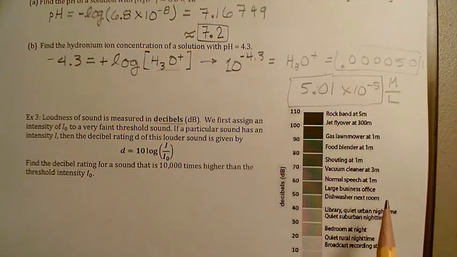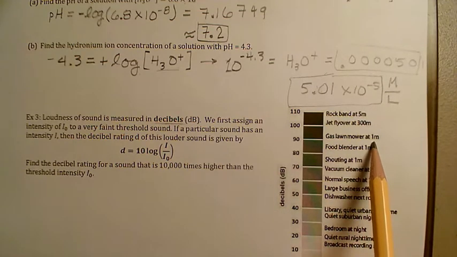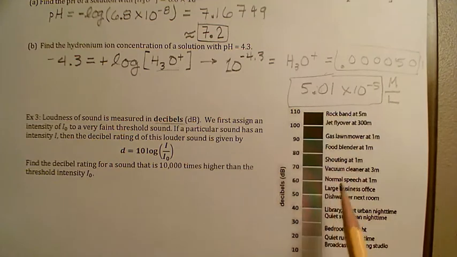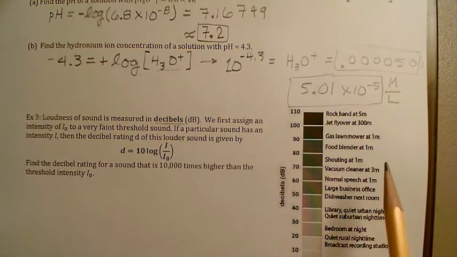Gas engine powered leaf blowers tend to be very loud. And so you can see, like, here's a gas lawnmower at 1 meter. It's pretty high decibels. What a jet flying over is, and so on and so forth.